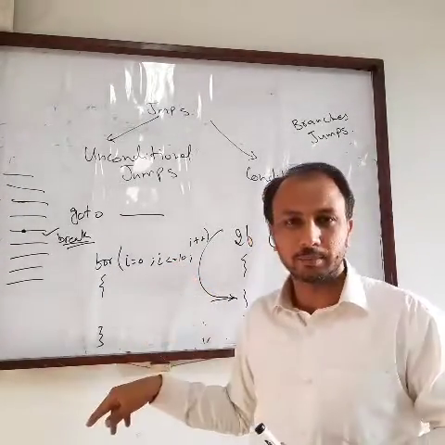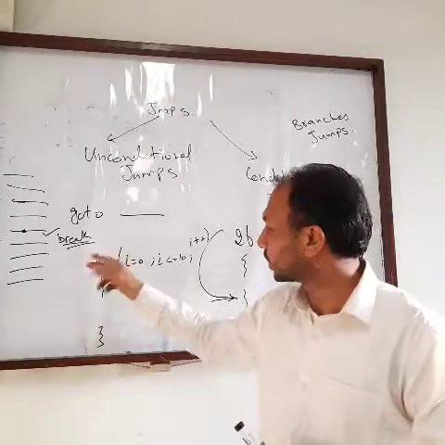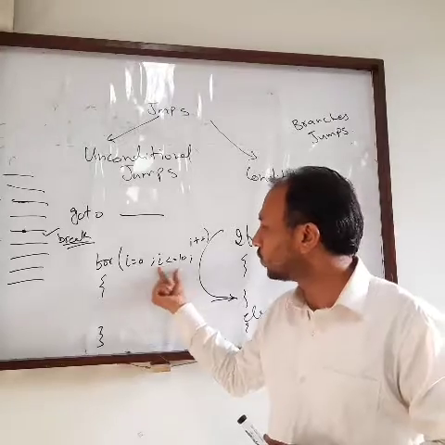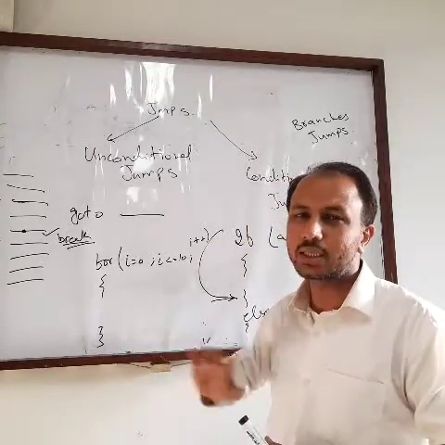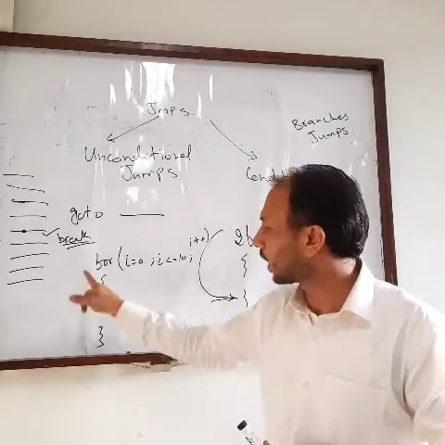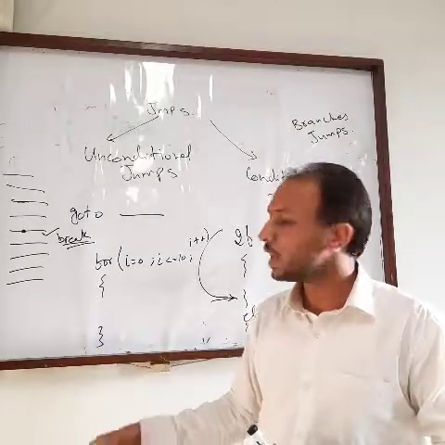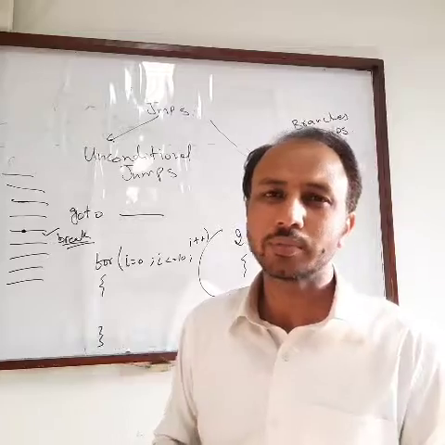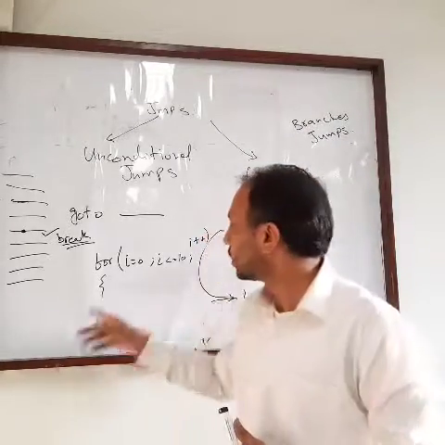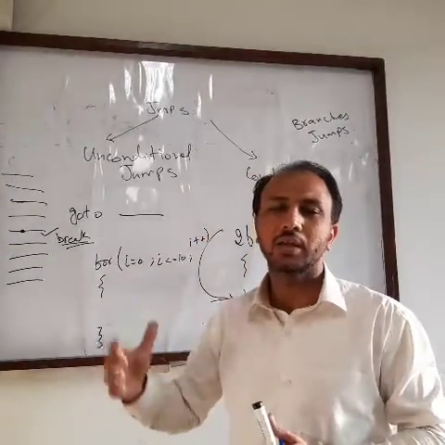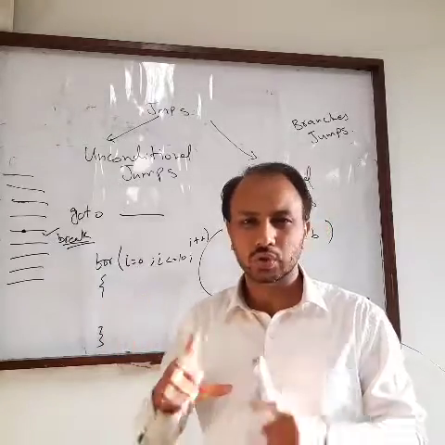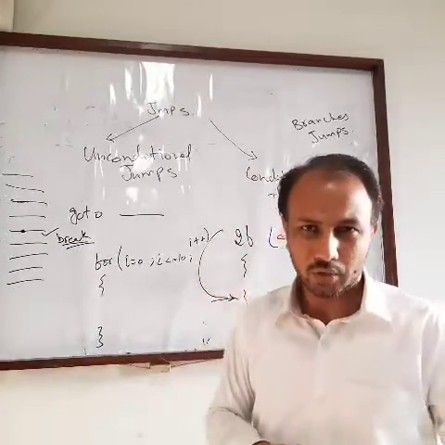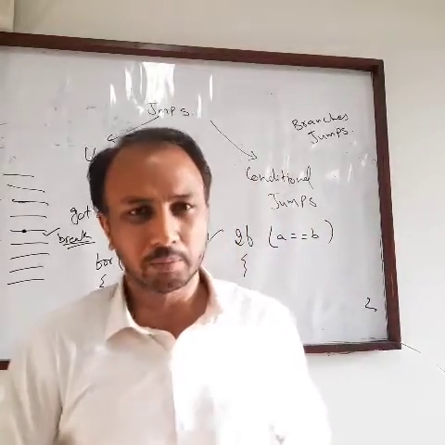You are taking jumps from here to here. So you are checking the value of this. If this is true, you will execute this code, otherwise you will bypass this code. Similarly, while loops and do while loops, in all loops when you have a condition, you check that condition and then decide whether you want to execute a particular portion of code or not.